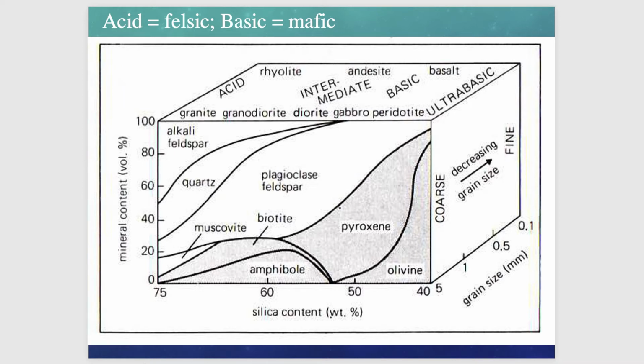So this is another diagram that shows the same concept, but it adds another dimension, which is the proportion of mineralogy. The volume of minerals as a percentage is represented on the y-axis.